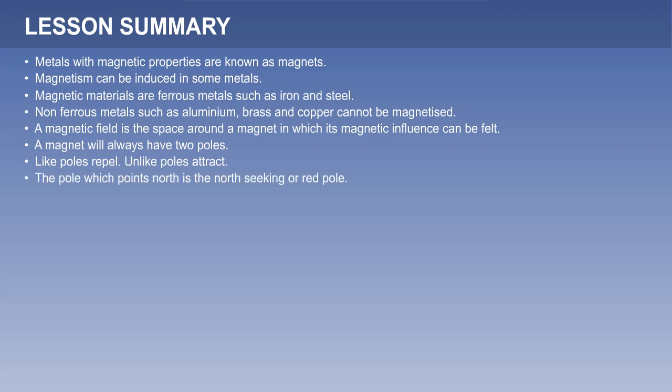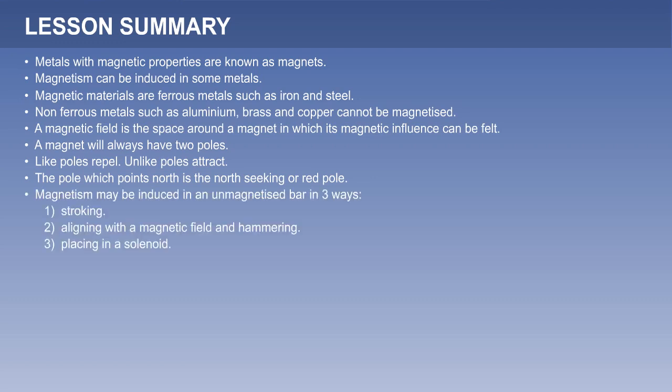The pole which points north is the north-seeking or red pole. Magnetism may be induced in an unmagnetized bar in three ways: stroking, aligning with a magnetic field and hammering, placing in a solenoid.